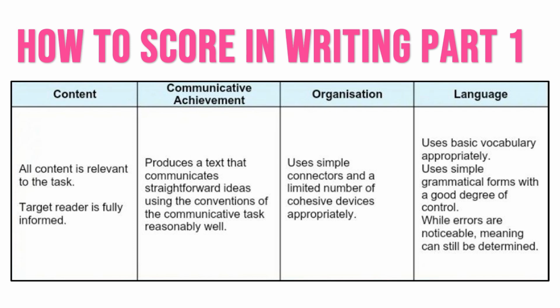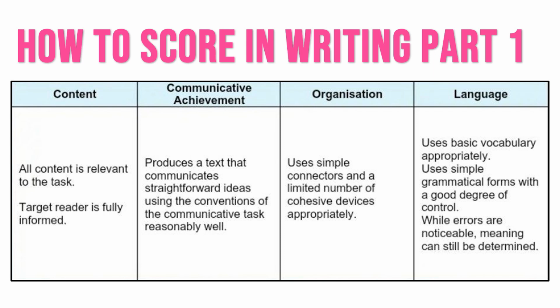Now, let us look at some tips on how to score in writing part 1. There are 4 criteria that we need to focus on when writing part 1. Number 1, the content. All content should be relevant to the task. Target reader needs to be fully informed.